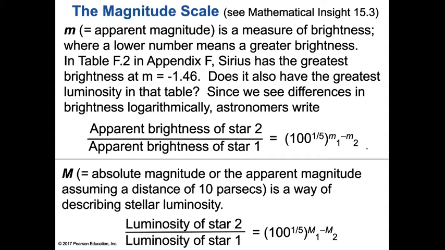And the faintest objects the Hubble telescope can see is plus 30. As an example, suppose you're looking at two objects and the difference in apparent magnitudes is 5. Well, in that case, you'd have 5 divided by 5 is 100. So this just means that the brightness of star 2 is 100 times the brightness of star 1.